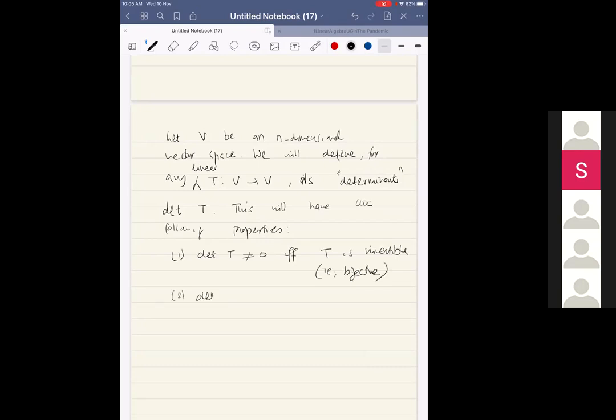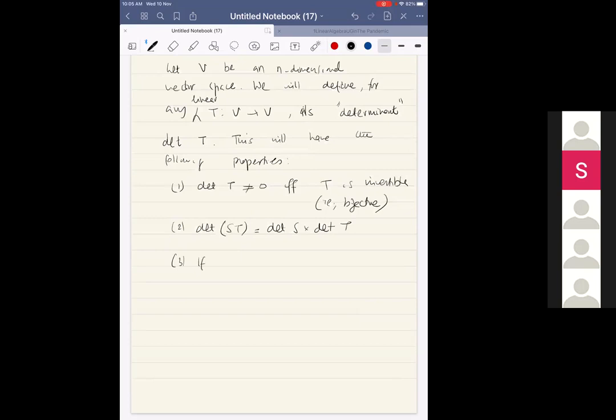Two, det of S times T is det S times det T. Three, if V is M n cross 1 and A is an n cross n matrix, det of A hat is det of A. So here, this det is the determinant of the n cross n matrix, already defined.